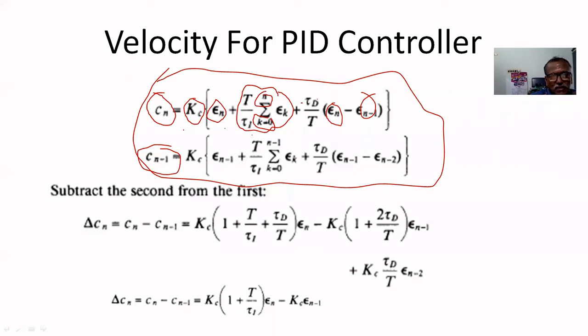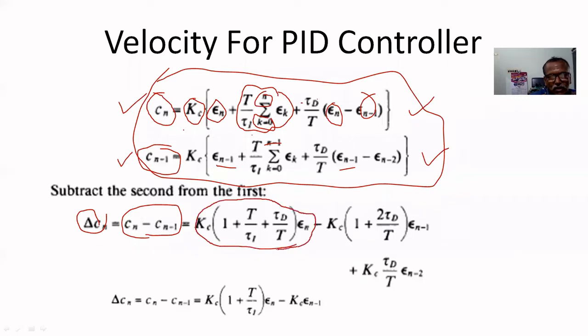The same way we can find it for the n-1th sampling instant. Wherever you find n, replace it by n-1. Now subtract this from this, and you get the change in controller output, because this is the n-1th controller output and this is the nth controller output. In each term we have E of n.